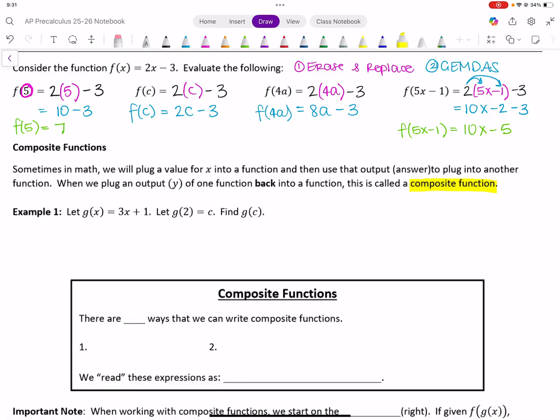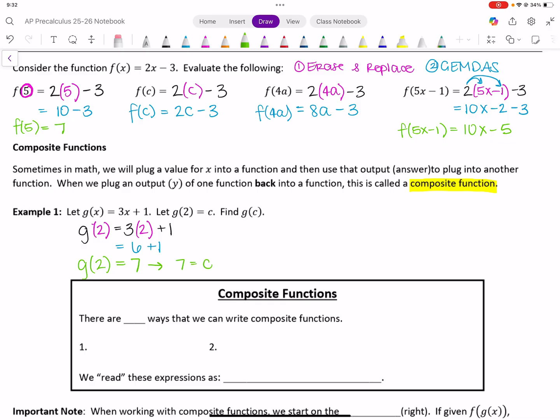So we start by finding g of 2, which would be 3 times 2 plus 1. Then when we multiply, we get 6 plus 1, and then 6 plus 1 means g of 2 equals 7, which implies 7 is c.